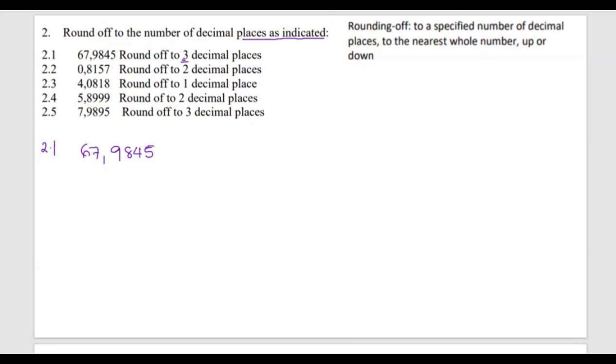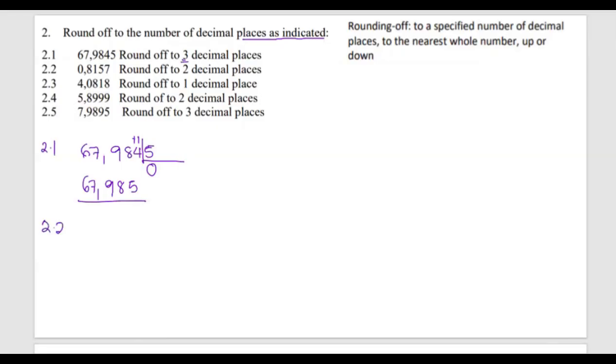Comma 9845. You read it the way it's supposed to be. But they told us 3 decimal places. So you come here, say 3. So that means this one goes off, becomes a 0. But before it becomes a 0, ask yourself, is it greater than 5 or is it 5? Yes. That means you add a 1 onto this. You add only to the immediate number, not everywhere. So here the answer becomes that much.